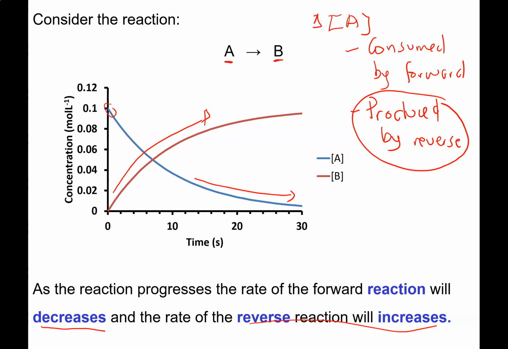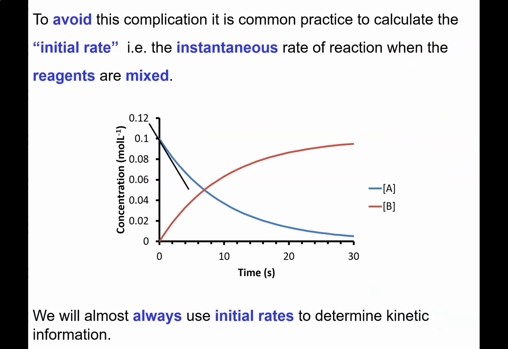So this seems like it's impossible to decouple these two reactions, except for at T equals 0, where we know that the concentration of B equals 0, and therefore the reverse reaction will not be happening at all because there is no reactant for that reverse reaction.